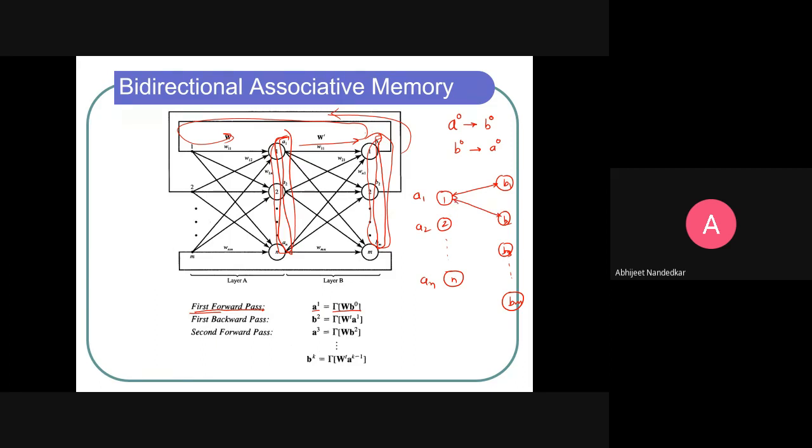So it's a short version to draw. I'm drawing arrows in both directions. That means it's a bidirectional connection. You can move forward, you can come back.